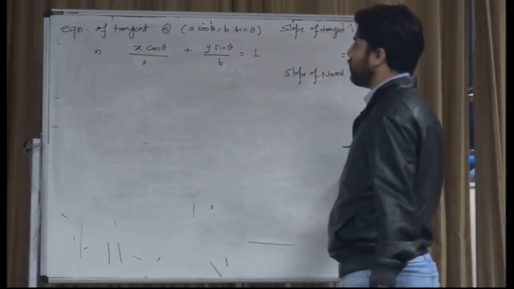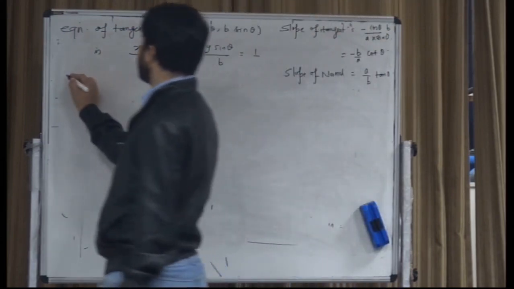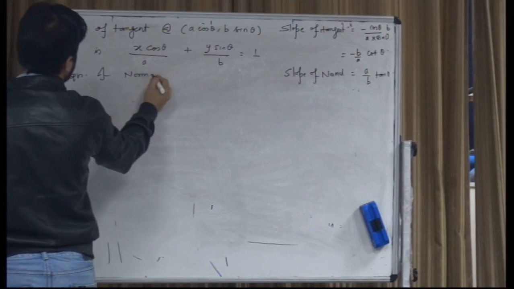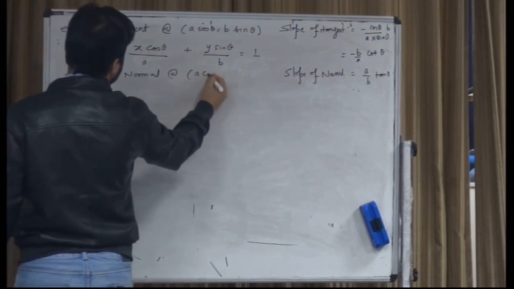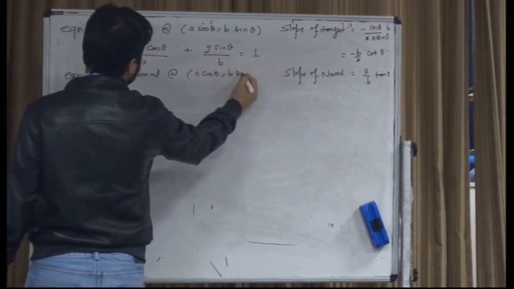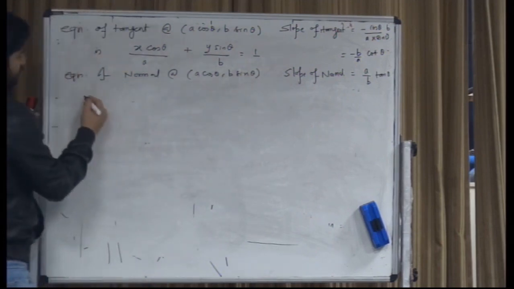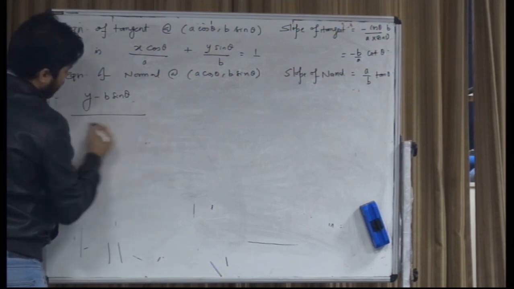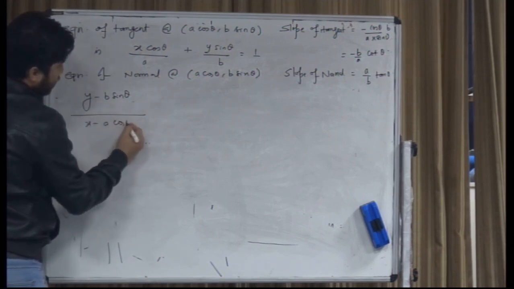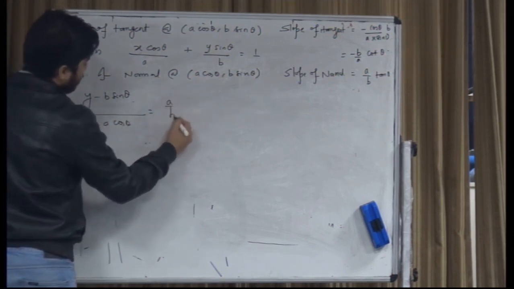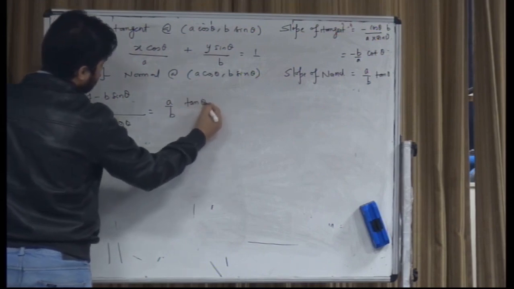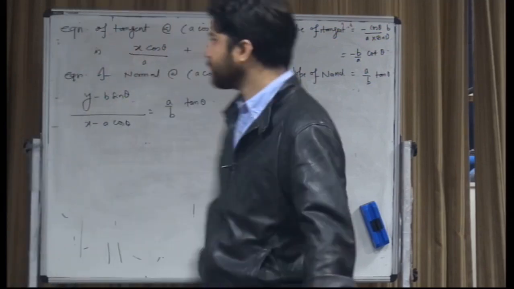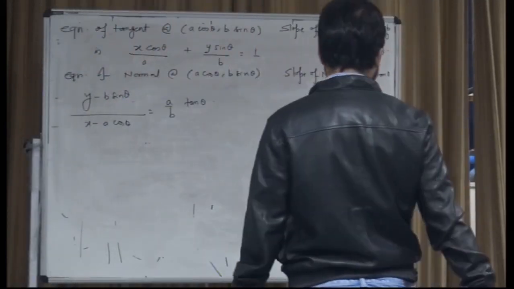Now equation of normal at it is going to be y minus b sine theta upon x minus a cos theta is equal to a by b tan theta. Simplify to get your answer.